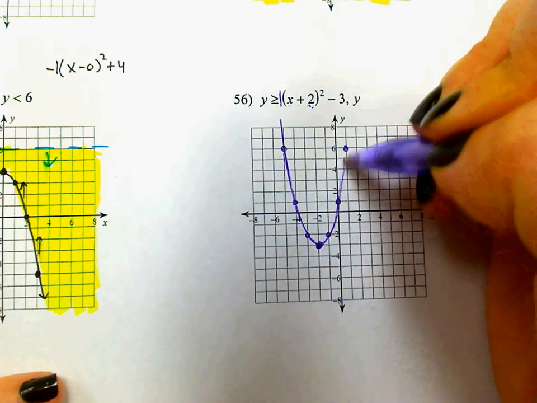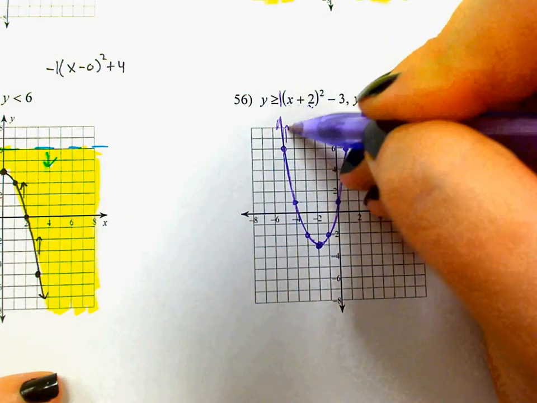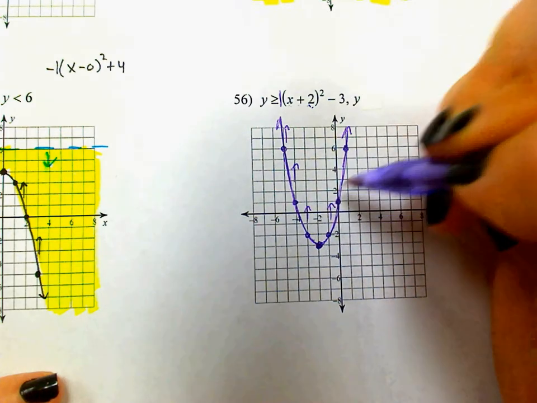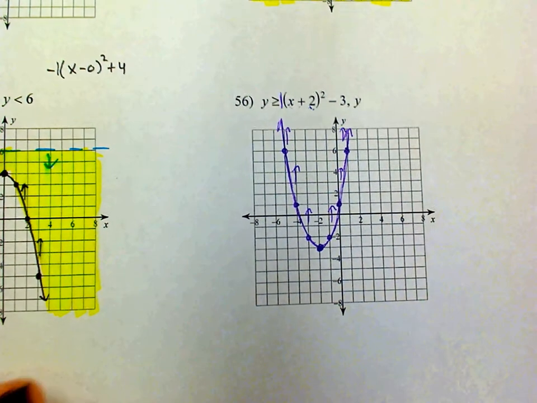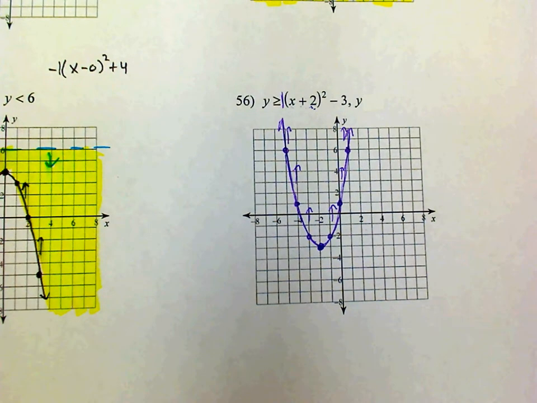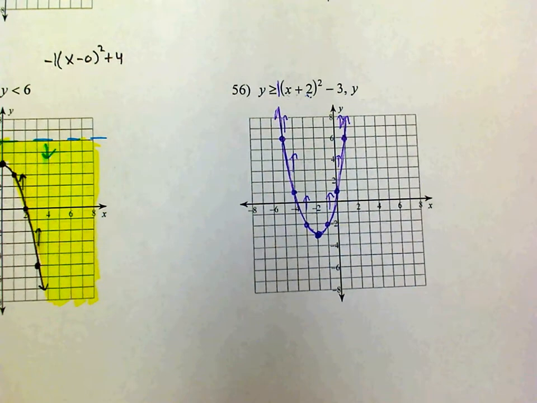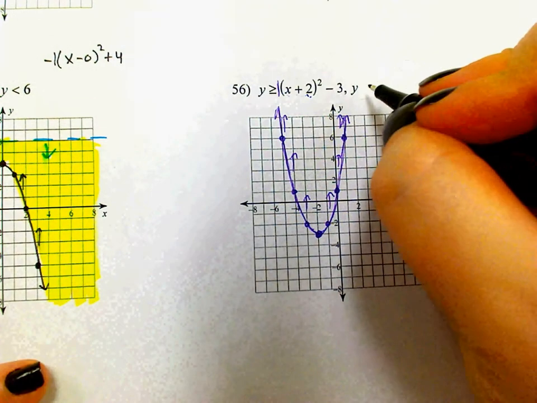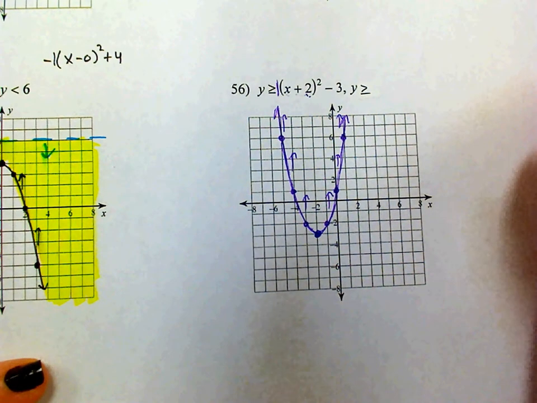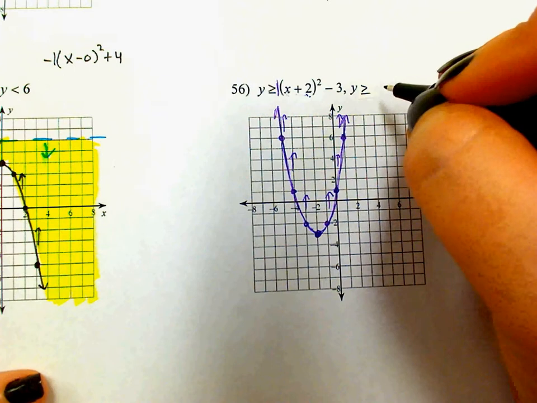And I'm going to do y is greater than or equal to, let's go with 2/3 x minus 4.